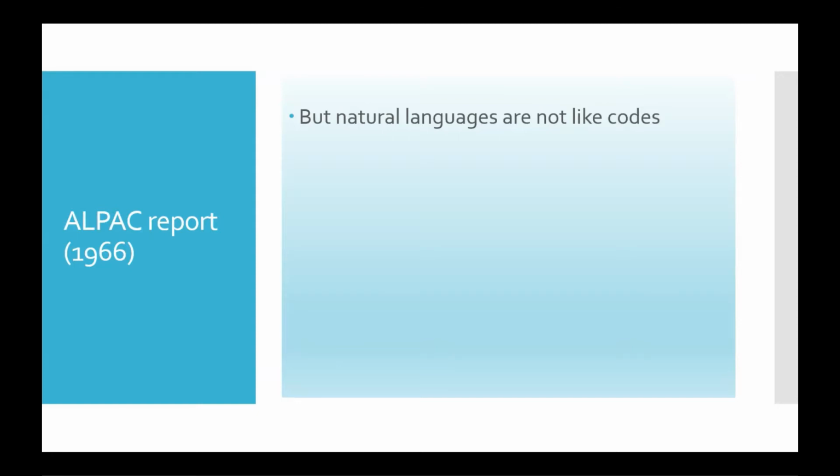it had been thought that translating was very much like code breaking, which is an activity that had really been very prominent in the Second World War. So the idea was that you could simply decode Russian into English, but that didn't work for reasons that most of us are familiar with.